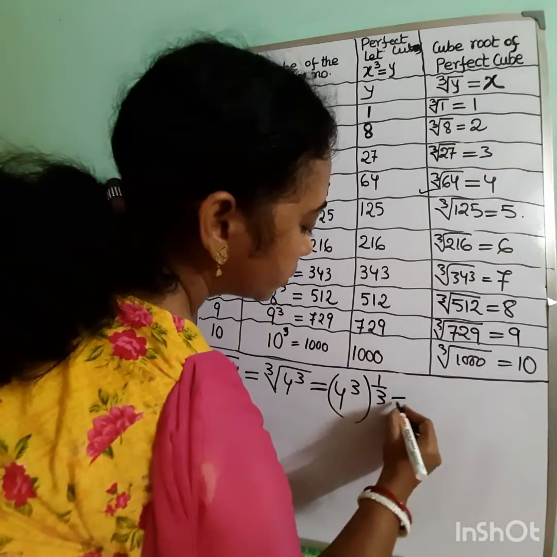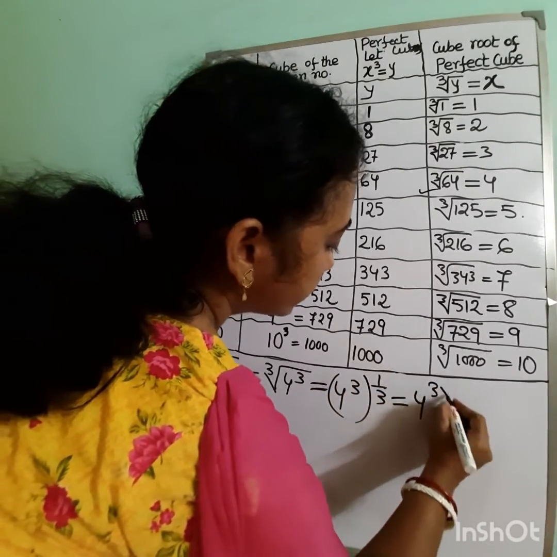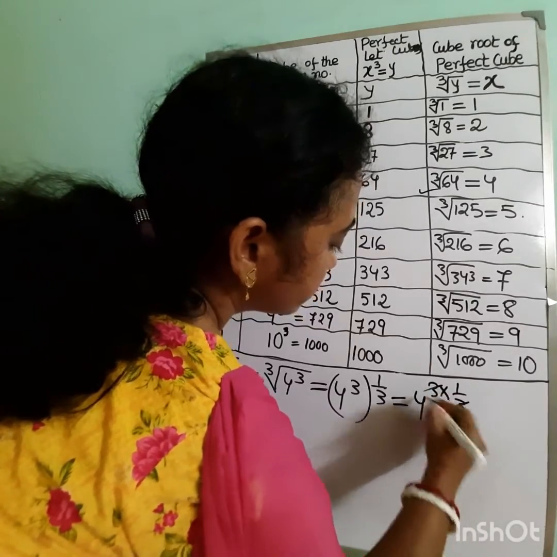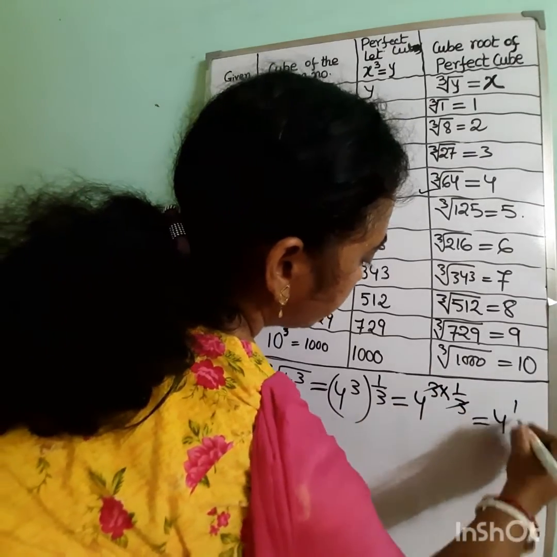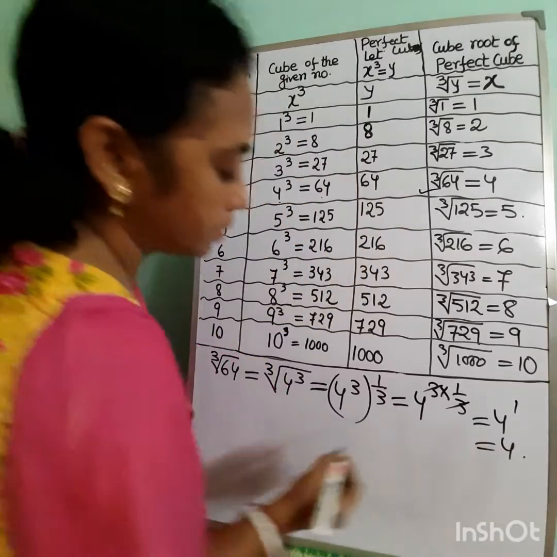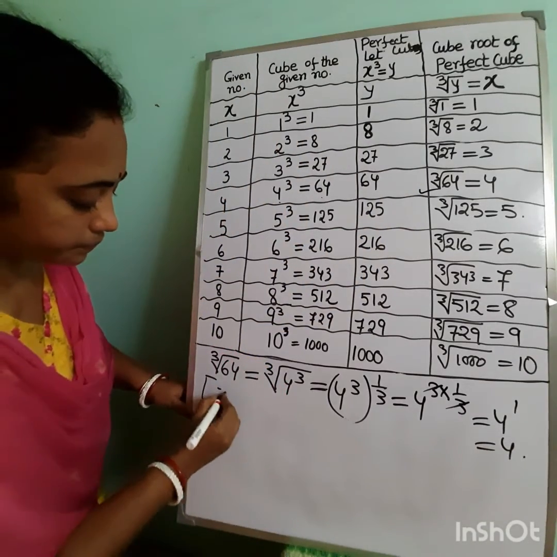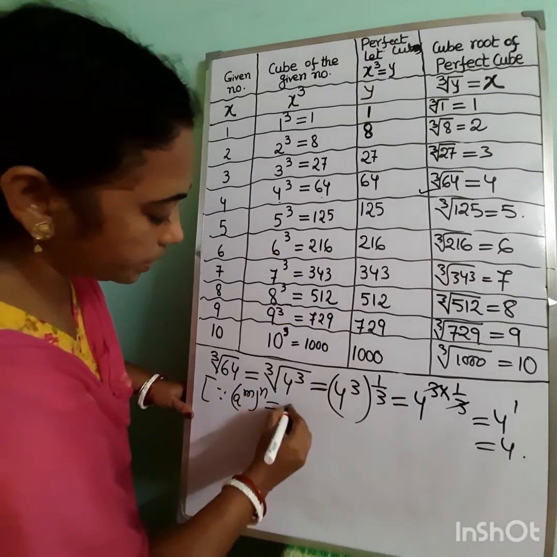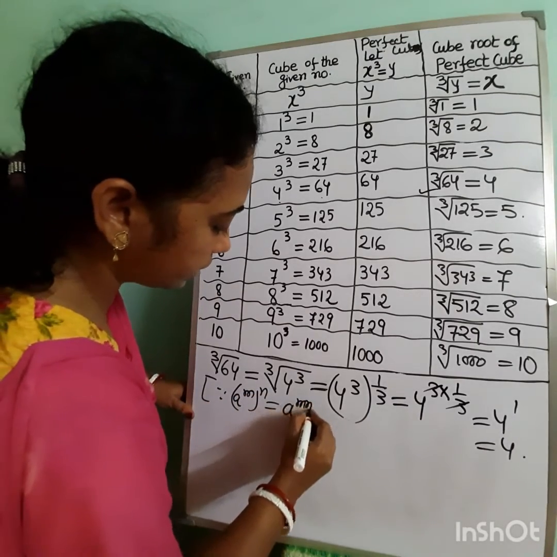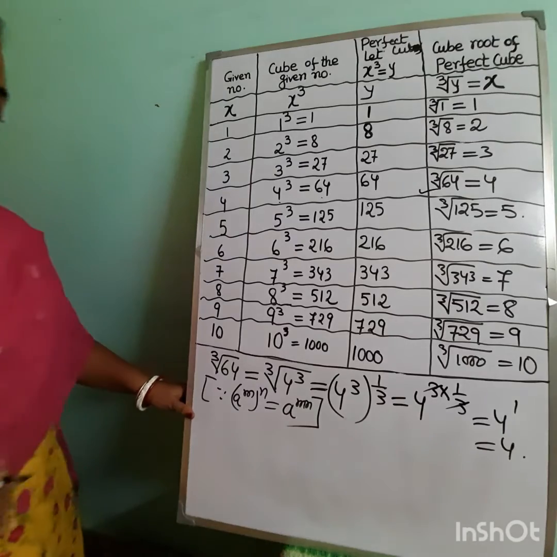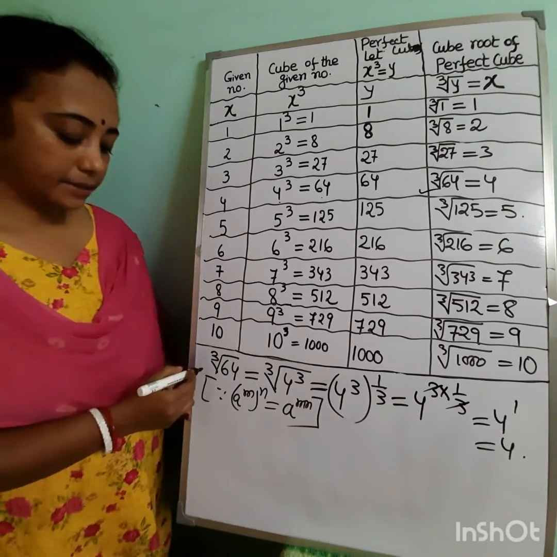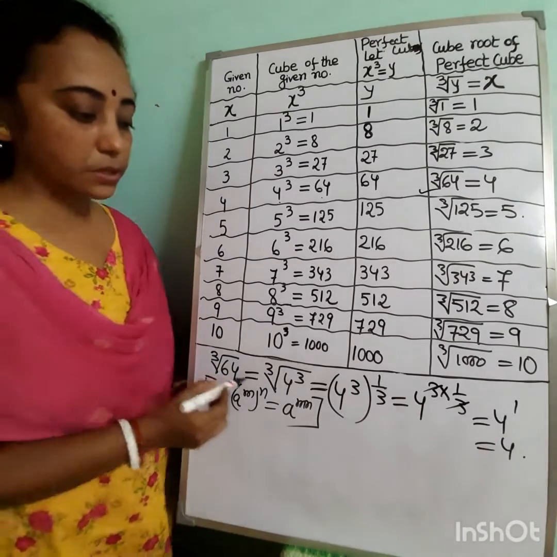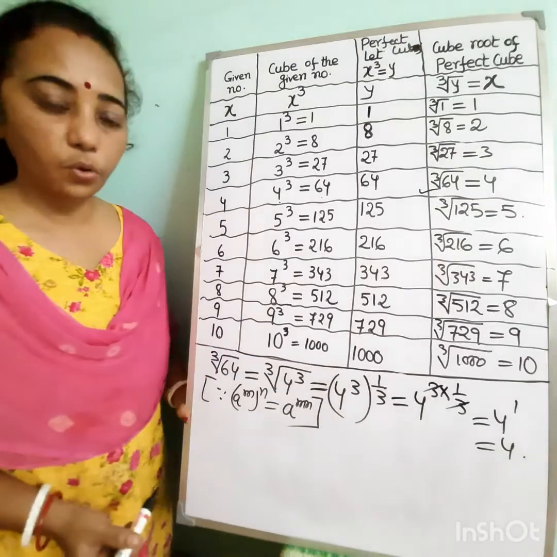And this is equal to 4 to the power 3 multiplied by 1 by 3. This 3 will cancel out. 4 to the power 1 means 4. Since we know a to the power m whole to the power n is equal to a to the power m into n, using this property, we can easily get that the cube root of 64 is equal to 4.